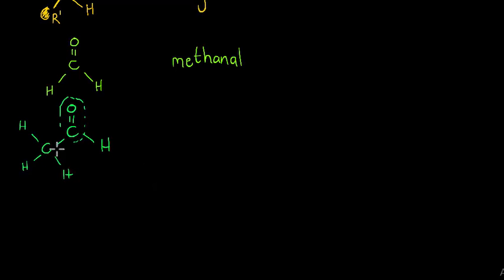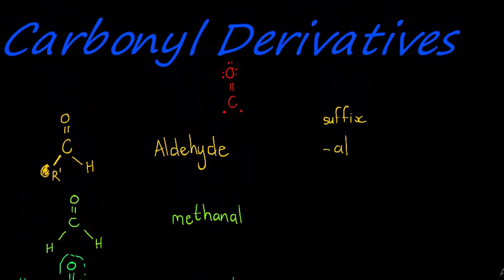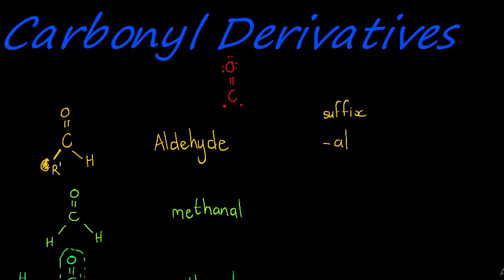Now I've got 2 carbons, so this is ethanal. Okay, very basic. The rest of this works exactly the same. If there's any branching, I start numbering from my carbonyl carbon, and then I'll name the branches as I did before. So I'm not going to go into all that. Okay, I'm going to move on to the next carbonyl derivative.